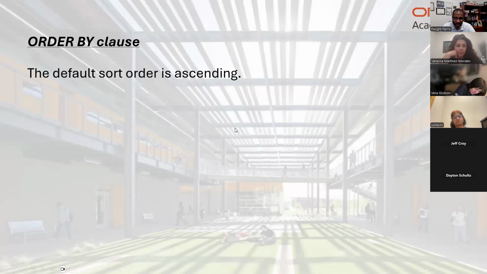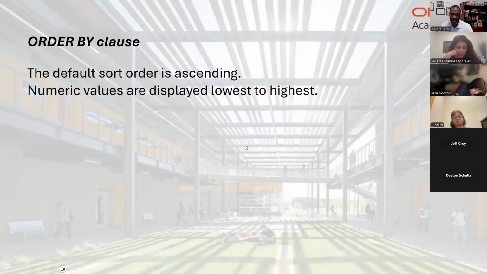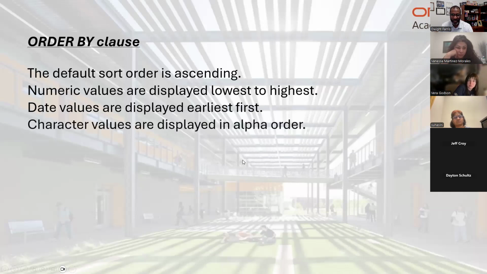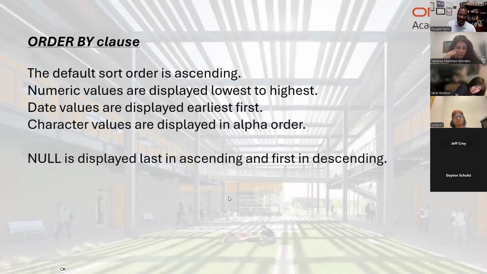Yeah, in ascending, and we'll have to test this, nulls will appear last if you're using the ORDER BY. Numeric values are displayed lowest to highest. Date values are displayed earliest first. Character values are displayed in alpha order, A, B, C, D. Null is displayed last, hey, I got it right, in ascending, and first in descending. So if you do ascending order, your nulls will appear last after your actual values.